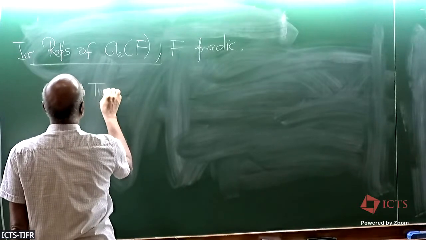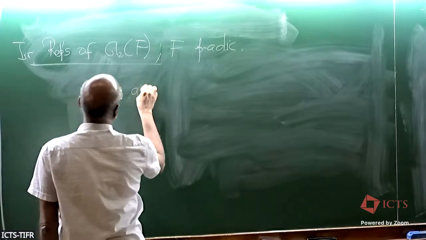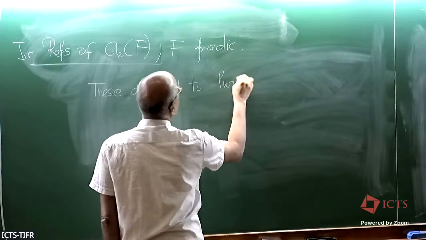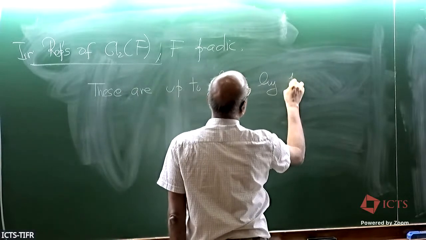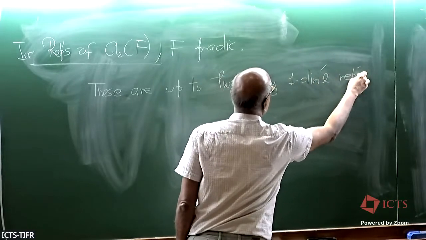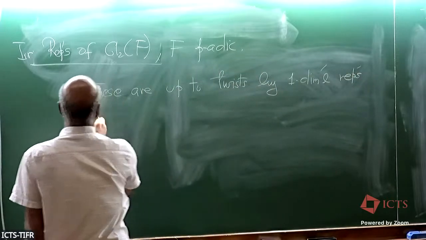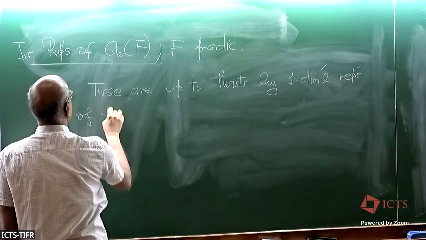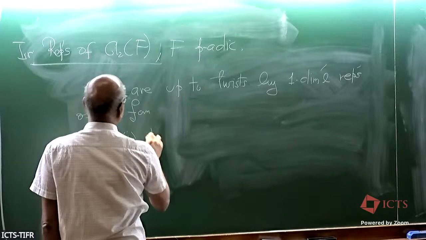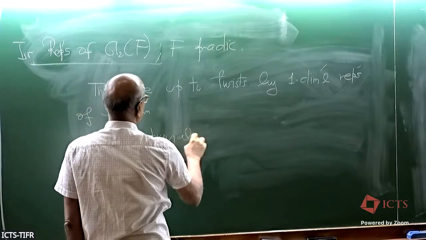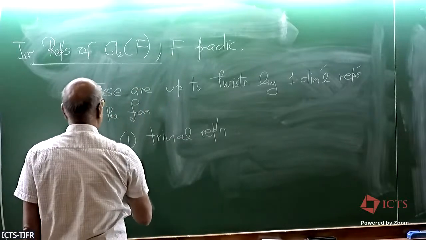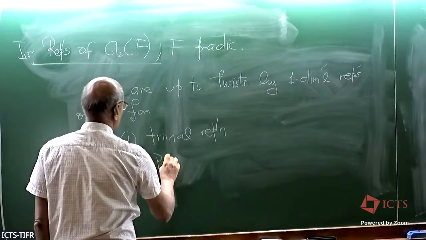So these are, up to twists by one-dimensional representations, of the following form. One, the one-dimensional representations, the character composed with the determinant. Two, these are called principal series representations.